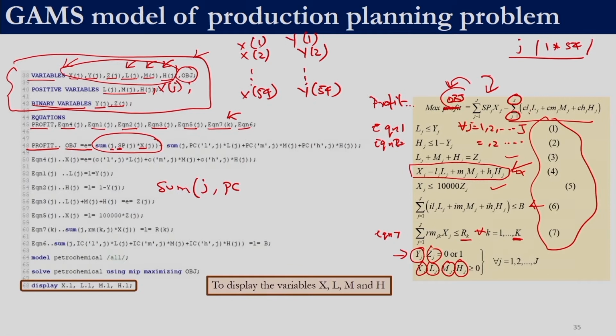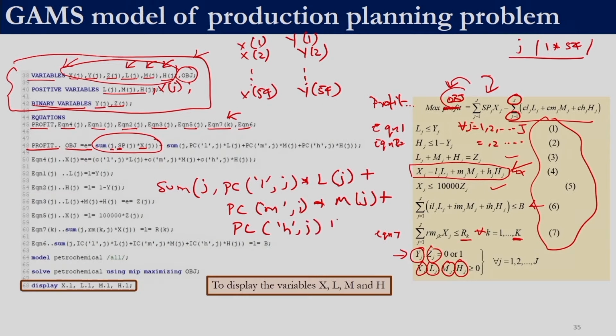So, PC of L comma j for the jth process multiplied by L of j, plus PC of M comma j into M of j, plus PC of H comma j into H of j, right. So, that is what we have written over here.